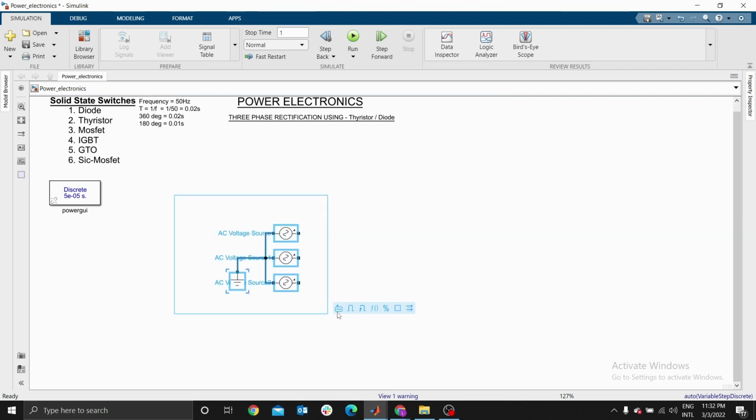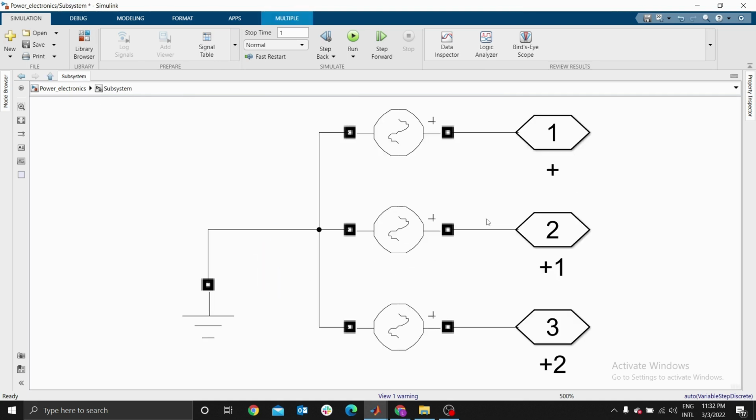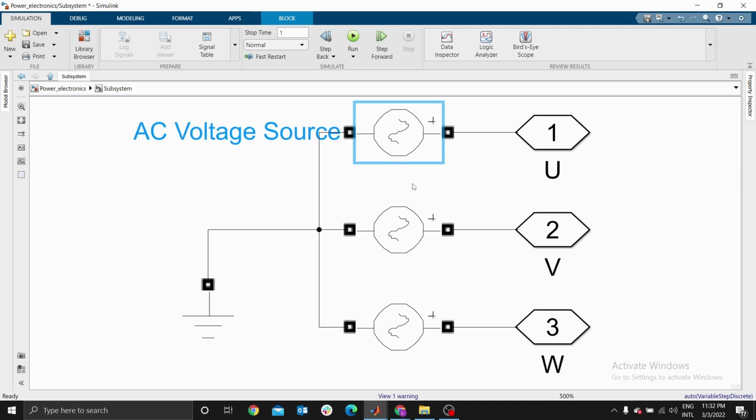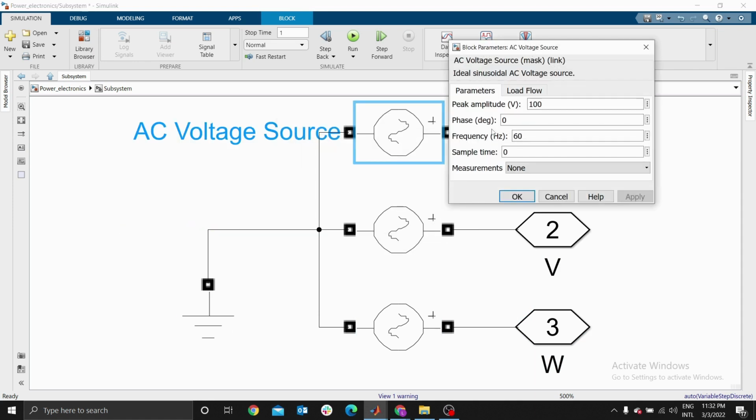Let me put a branch here, a subsystem. Therefore, this one is our, maybe let me use U, V, W. These are line 1, line 2, line 3. Remember, they are usually out of phase. Therefore, this one has to be 50 to 30 multiplied by SQRT.